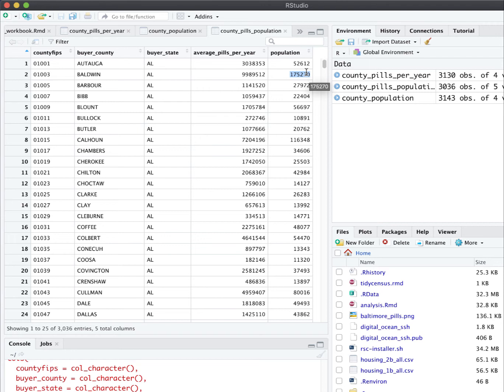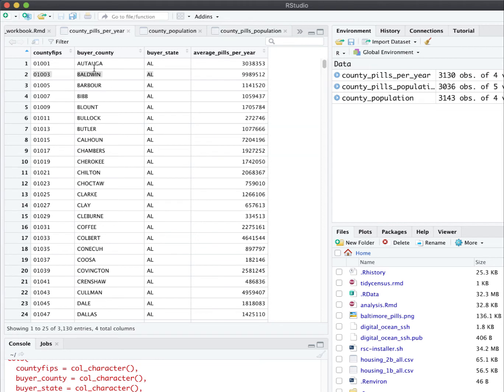If it doesn't find a match, say if Baldwin, Alabama existed in the average pills table, but not in county population, the inner join process just would leave it out of the new table that we're creating.